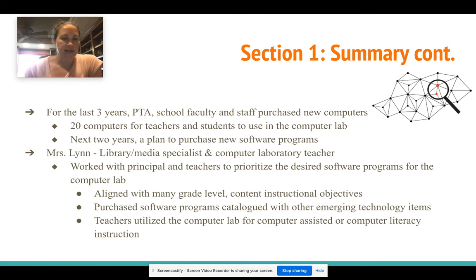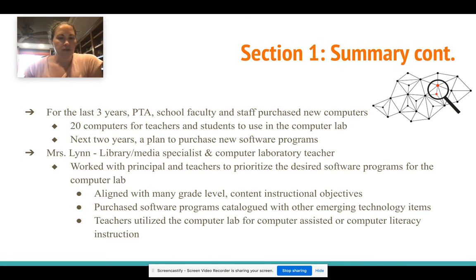We have Mrs. Lynn, our library media specialist and computer lab teacher. She works with me and teachers to prioritize the desired software programs for the computer lab. She really does a great job of getting teacher voice in and to figure out which are the best programs. They're aligned with many of the grade levels and the different contents, instructional objectives.